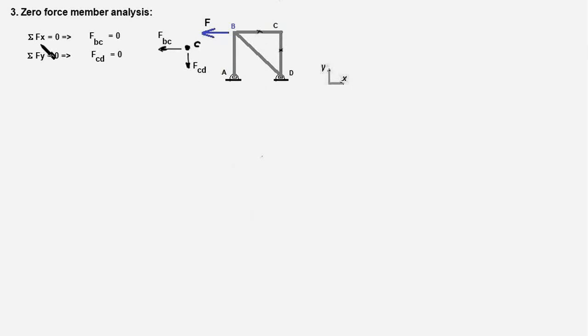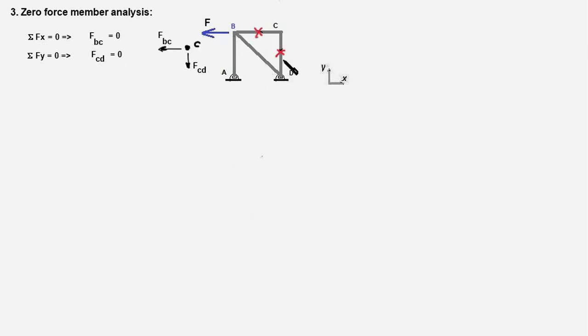Summation of forces in x direction gives FBC equal to 0, and summation of forces in y direction gives FCD equal to 0. In other words, these two members are zero force members.